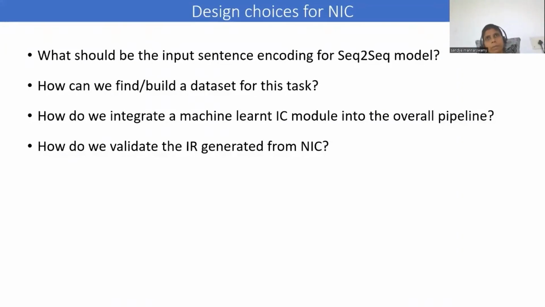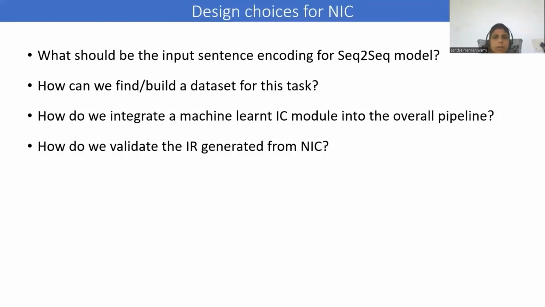If we want to use machine learning, where can we find a data set for learning this model, or how can we build a data set? Once we have built a machine learned IC model, how do we integrate it into the overall LLVM optimizer pipeline? Given that the machine learned model would generate a probabilistic target sequence, how do we validate the IR generated from the neural instruction combiner?